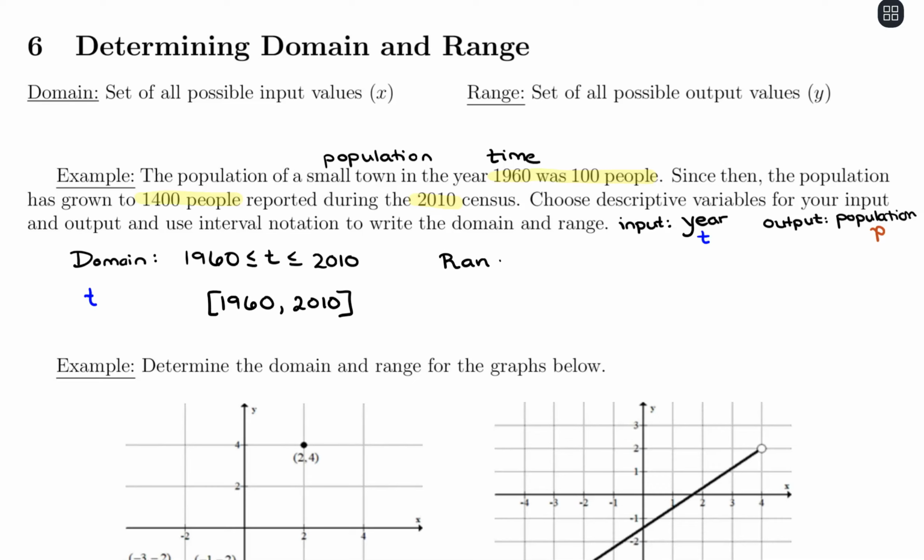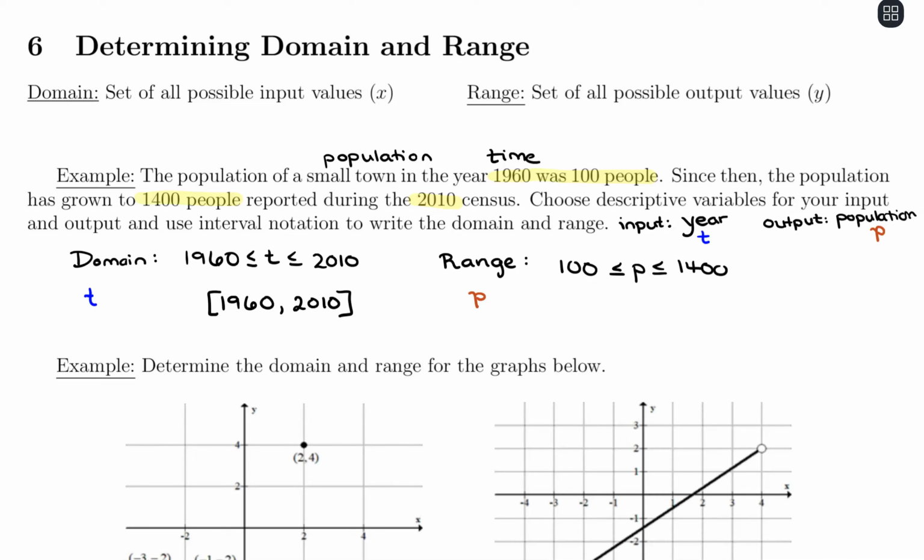Now for the range, we're describing our possible values for population. So what we see is we started with 100 and then went up to 1,400. So 100 is going to be our lower value, and we'll say that's less than or equal to p is less than or equal to 1,400. And this is definitely working on the assumption that it just increased directly from 100 to 1,400.